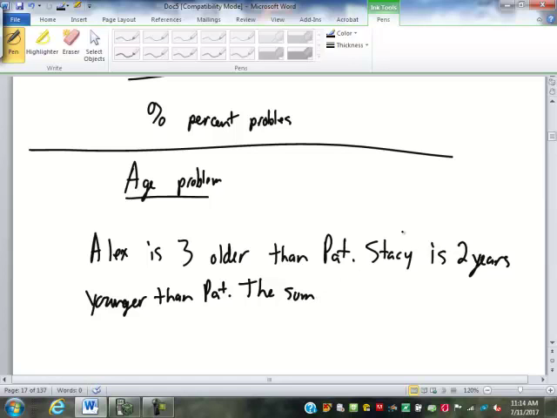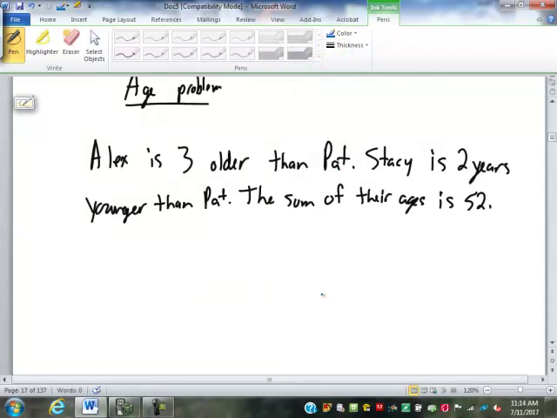The sum of their ages is 52. Find their ages. Which age is going to be X? Pat. Alex then will be X plus 3 because 3 years older. Stacy?